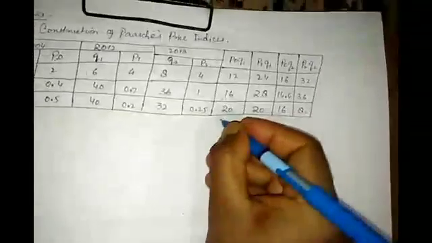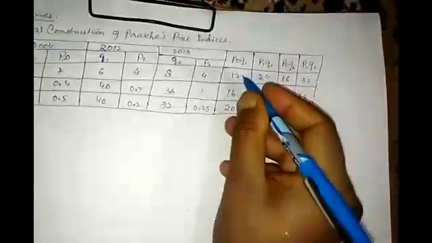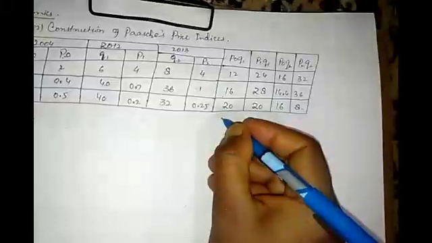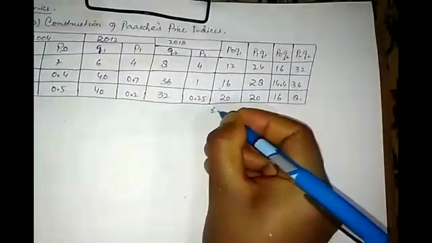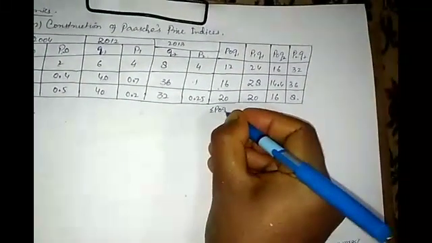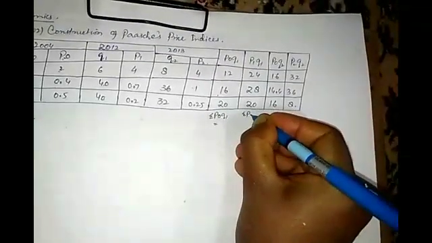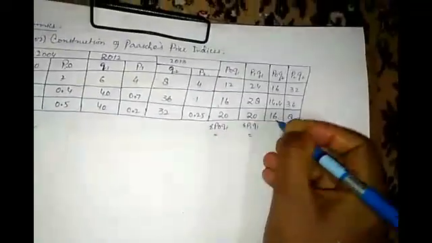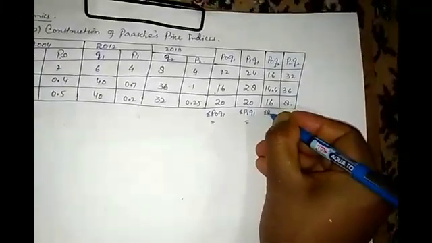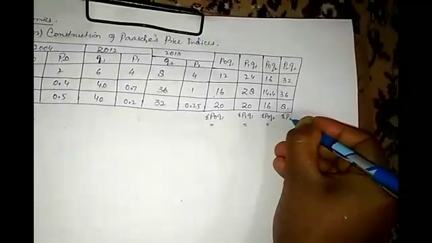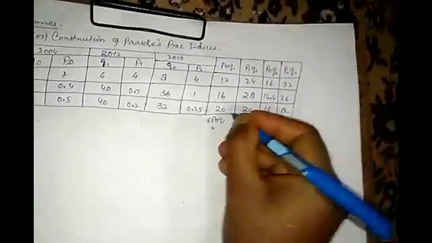Now we have to sum up all these values. We will write summation of P0Q1, summation of P1Q1, summation of P0Q2, summation of P2Q2.